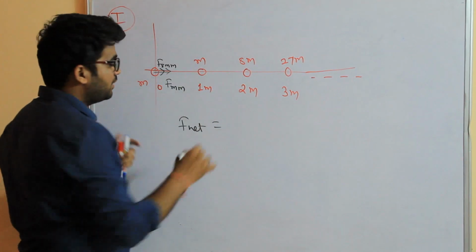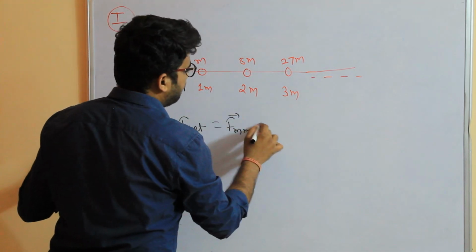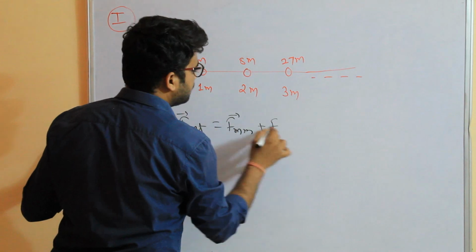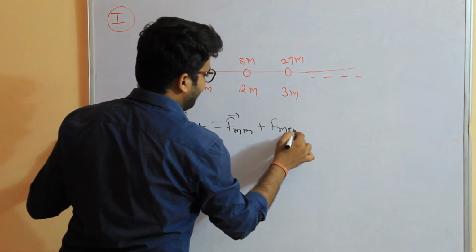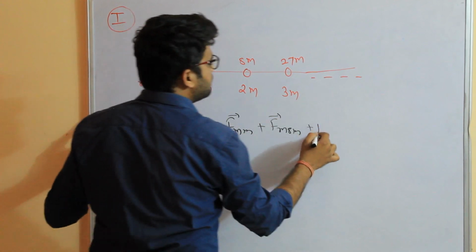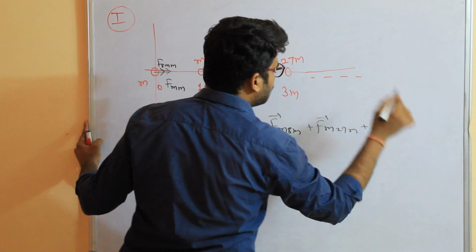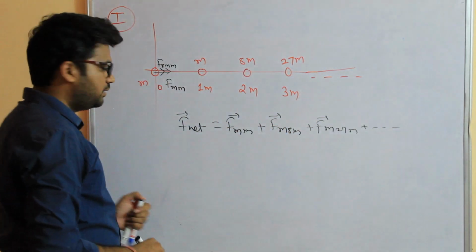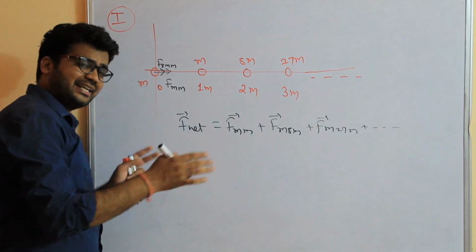We can say the first force, that is F due to m on m, plus the second force, that is F on m due to 8m, plus on m due to 27m, and so on, isn't it? Right? Okay, so all the forces are in the same direction, so we can directly add.